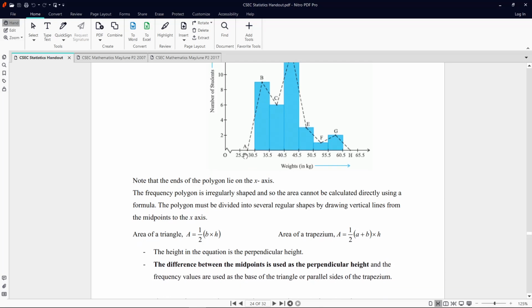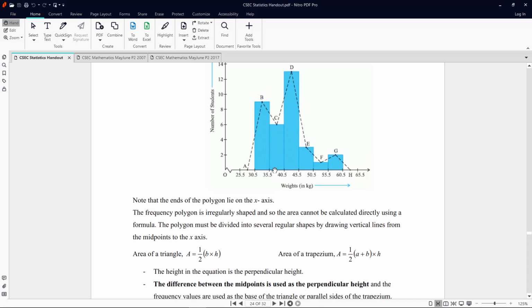So now at the ends, we can see where they connected to the x-axis. And for grouped data, it's very much similar to ungrouped data. So we look at the distance between each point. So between B and C, we would be at 33 and 38. So that would be 5.